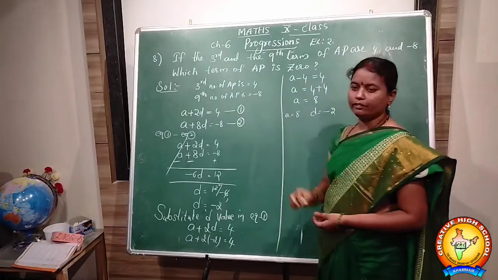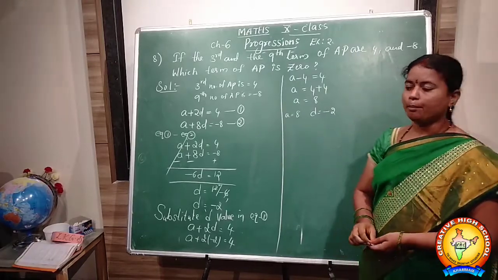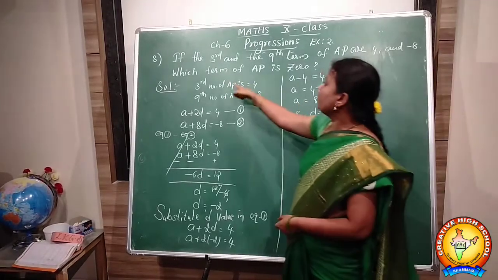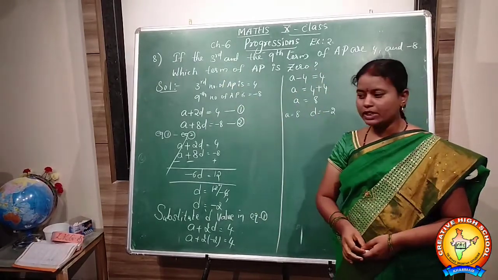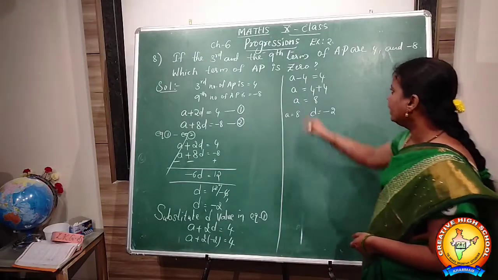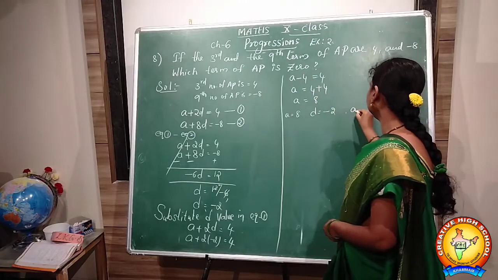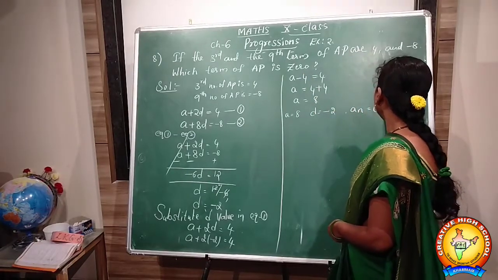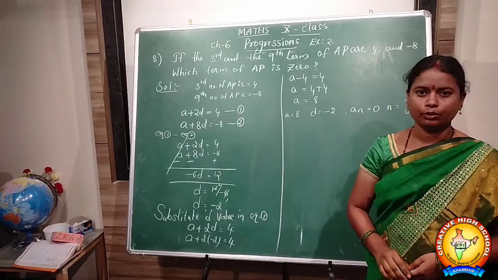So here we got A value 8 and D value is minus 2. But what we have to find here, which term of AP becomes 0? Nth term we have to find here. Okay. So An value is given, it will become 0. Which term of AP series will become 0?